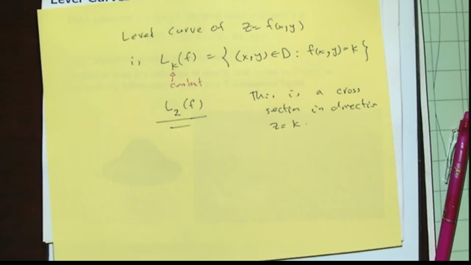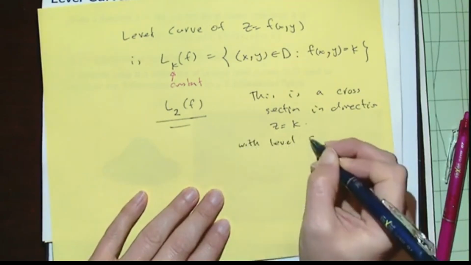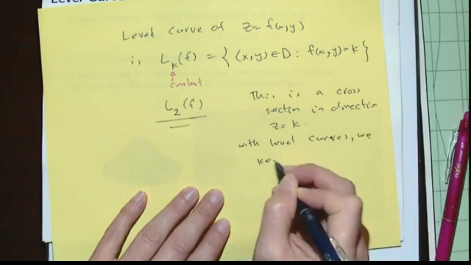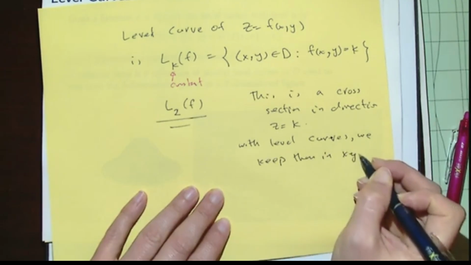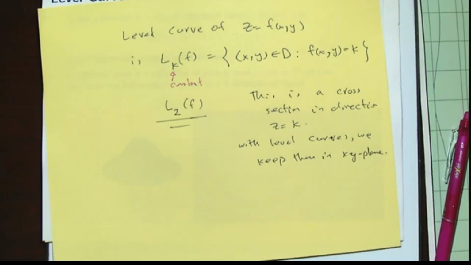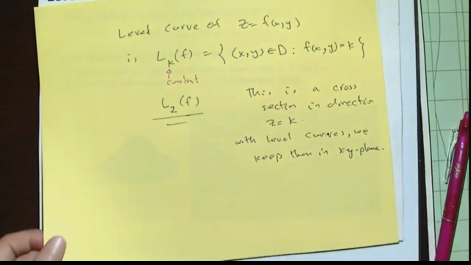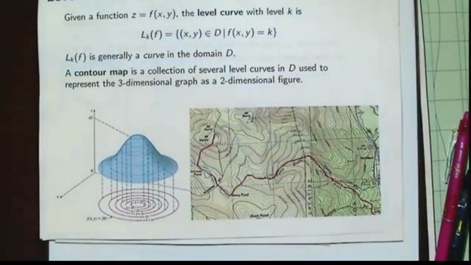With level curves, we typically put all the level curves in the XY plane, in the domain. It could be in higher dimension, the domain could be R2, or R3, R4, and so forth. Oh, I didn't say contour map.